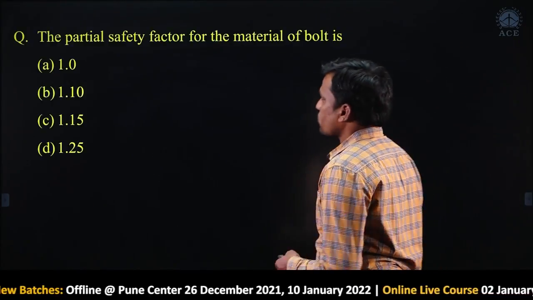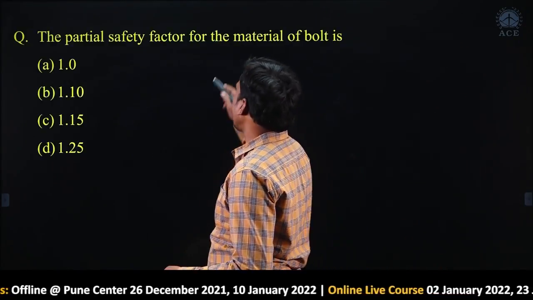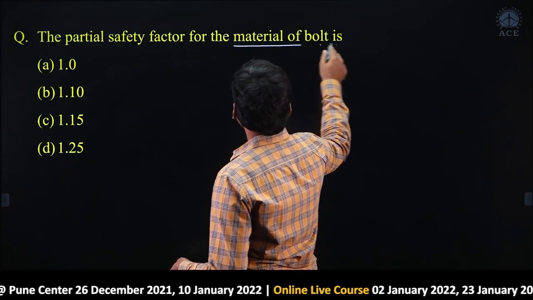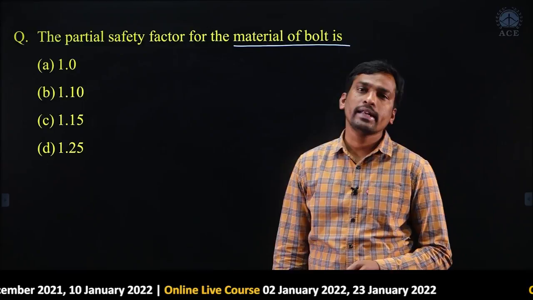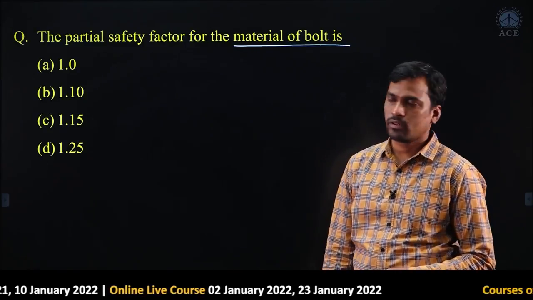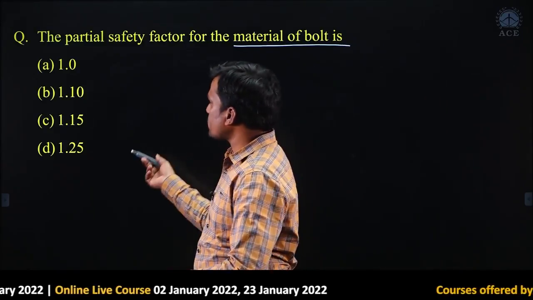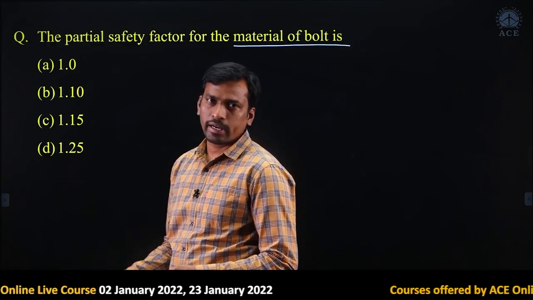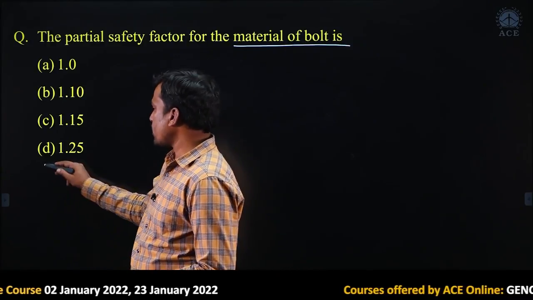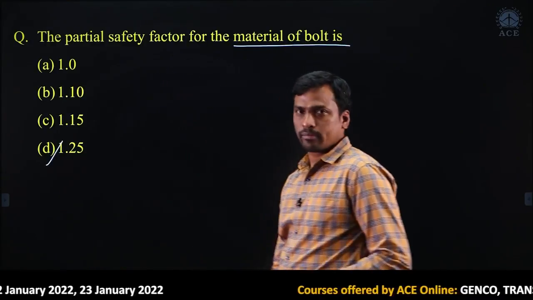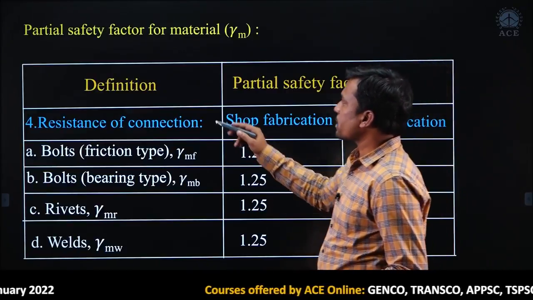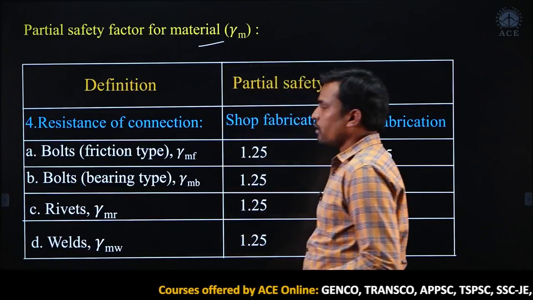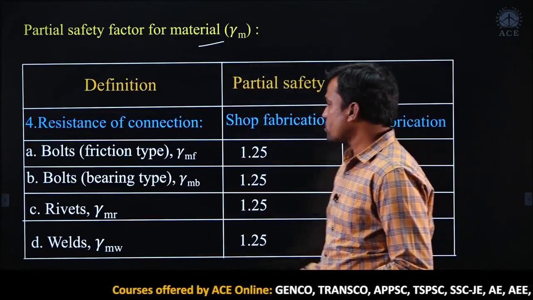Next question. Partial safety factor for the material of the bolt. This is a question from the second chapter, bolted connection. The answer is 1.25. I gave these values like this. He is asking for the bolt.